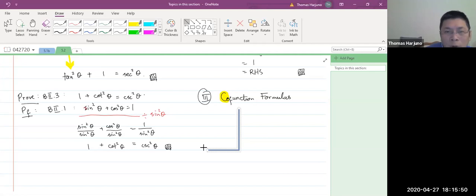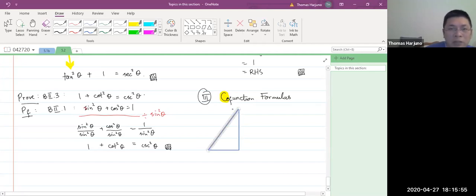We did this before implicitly, but now I just try to make it explicit. Now, suppose this is angle A and this is angle B. Notice that A and B are complementary. In other words, A plus B equals 90 degrees.